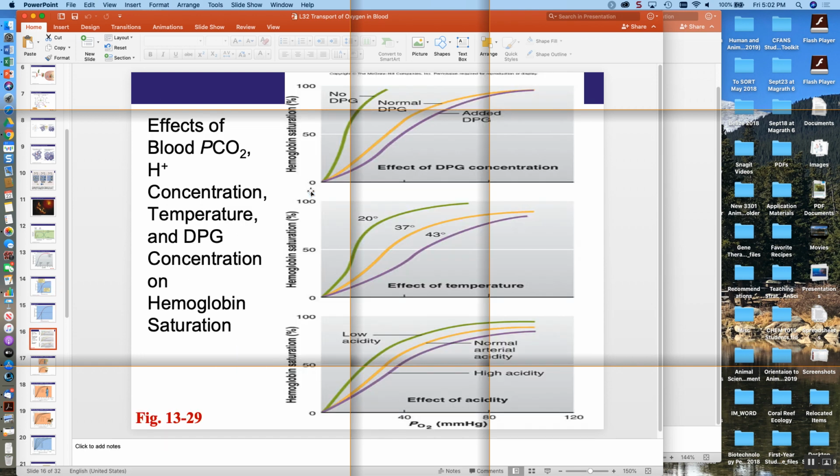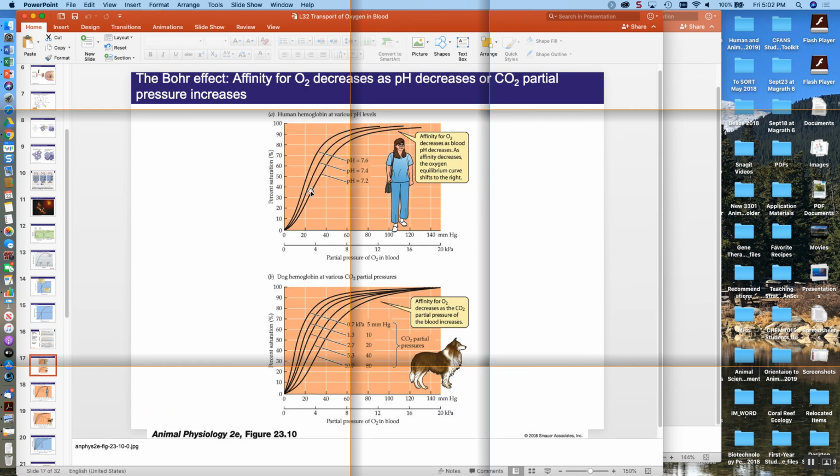So that includes high carbon dioxide levels, high acidity or low pH, high temperature, and high DPG. That's really the take-home message.